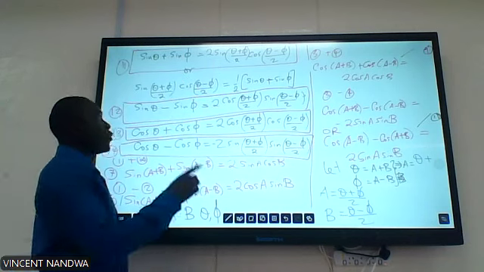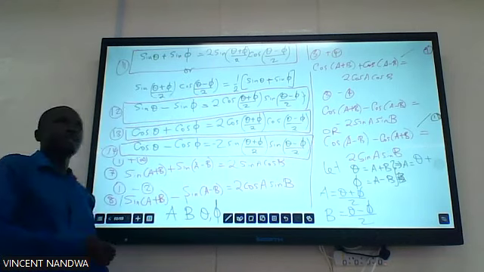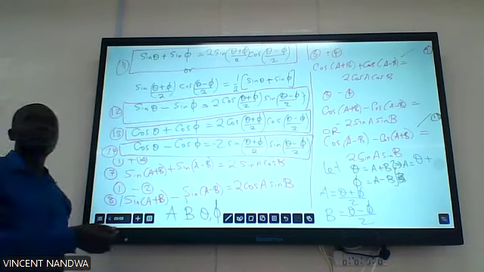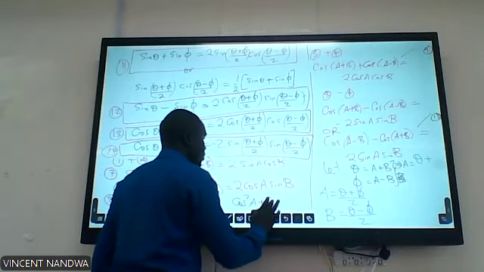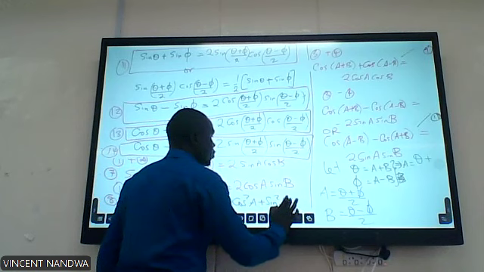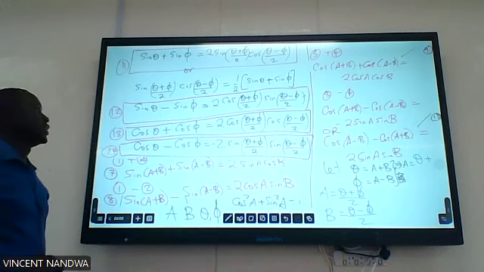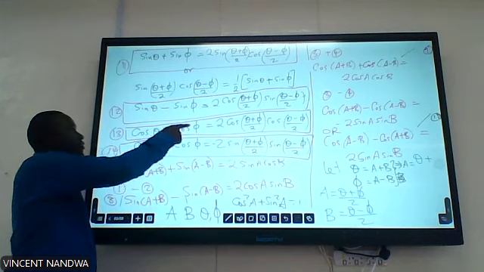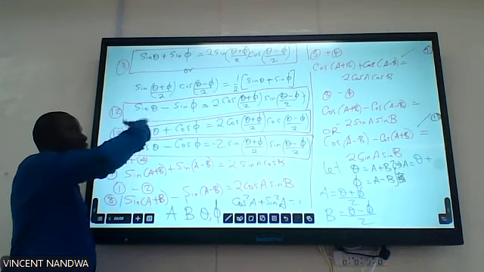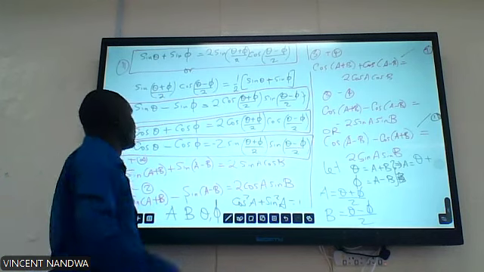Just like saying cos squared theta plus sin squared theta is 1 is not different from saying cos squared A plus sin squared A is still 1. So don't fix your mind that they must say theta and phi for you to write the formula. You can use different letters, even x and y.